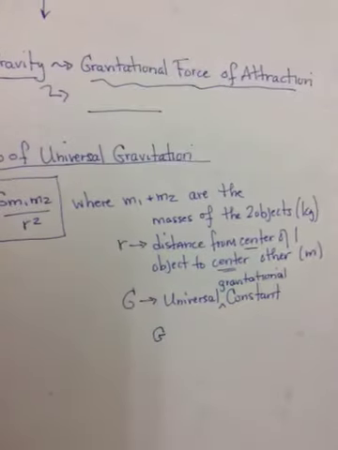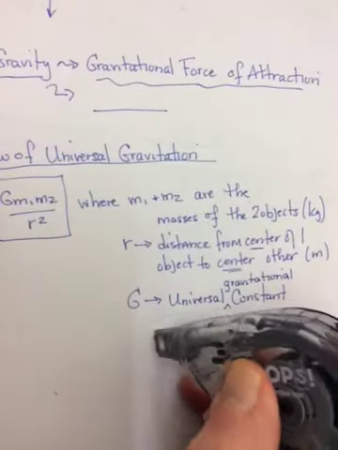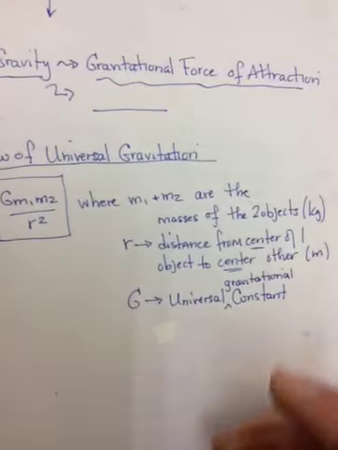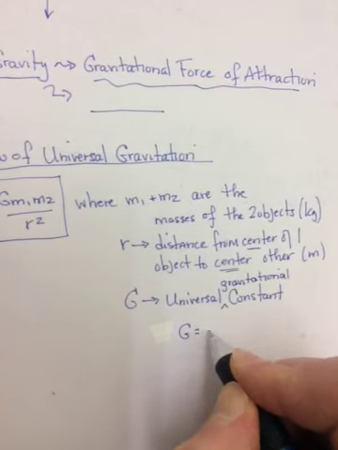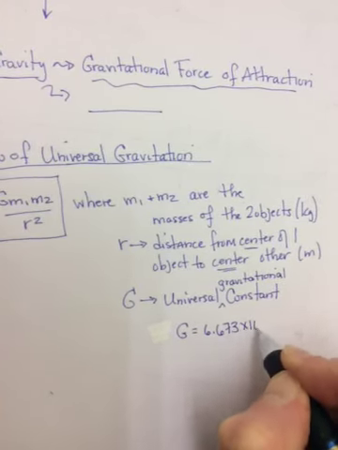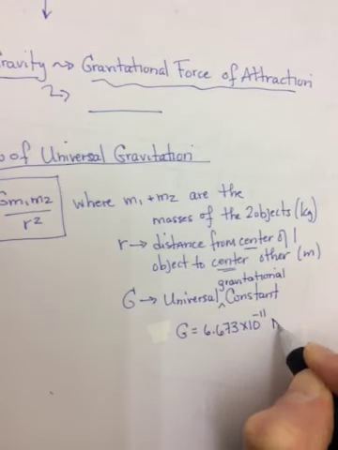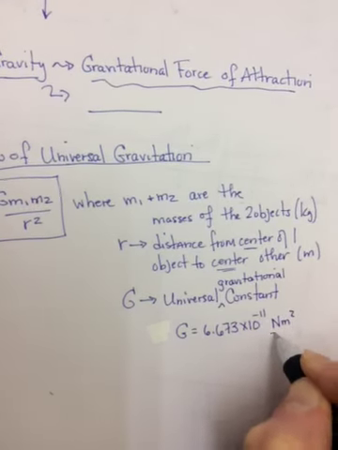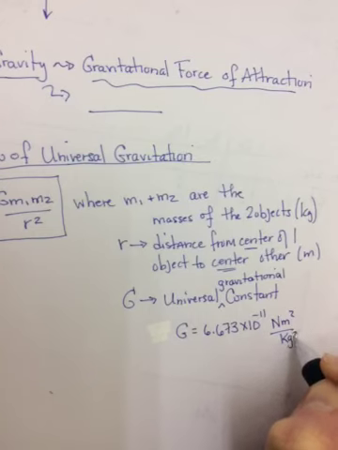G is equal to 6.673 times 10 to the negative 11 newton meters squared per kilogram squared.